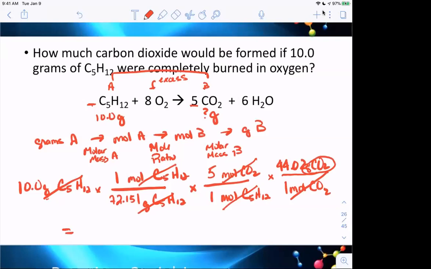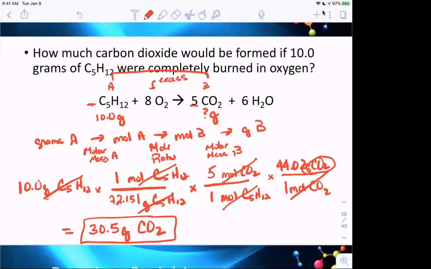So in my calculator, I'm going to go 10 times 5 times 44.02, and then divide that by 72.151. And what I'm going to get is 30.5 grams of CO2 prepared if I react 10 grams of C5H12 in this reaction.